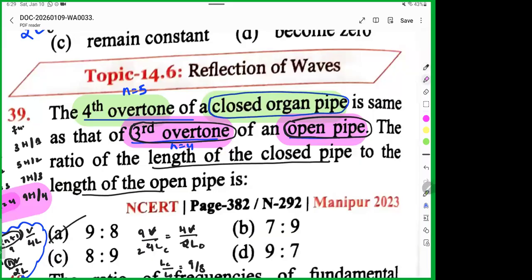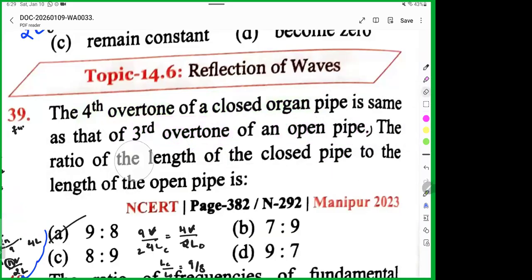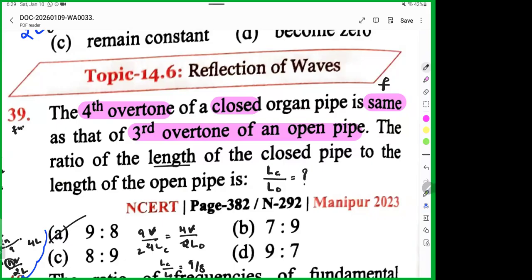The question is saying that the fourth overtone of the closed organ pipe is the same as the third overtone of the open organ pipe. What is the same thing? Frequency is the same. Now you have to calculate the length of the closed organ pipe divided by the length of the open organ pipe. This is what you have to calculate. Make sense?